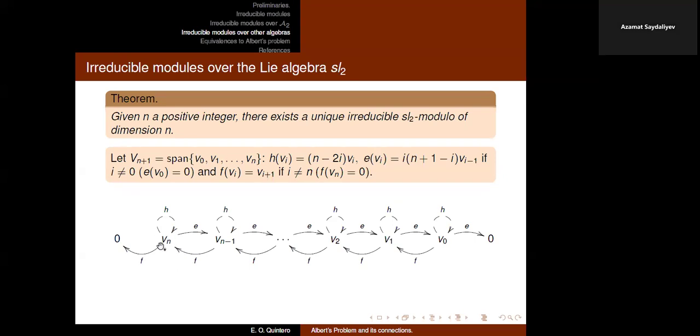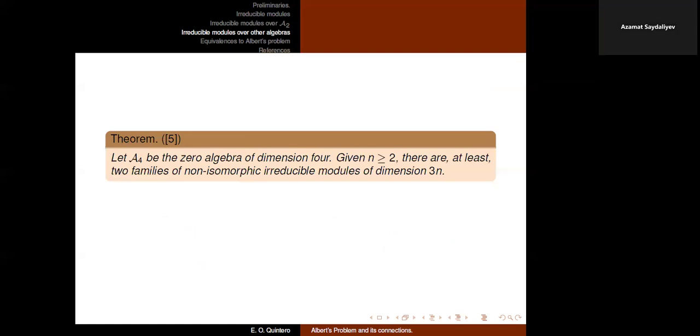If we change each vertex by the irreducible module of dimension 3 of the zero algebra of dimension 2, we need just in a convenient way to give the action of the algebra of dimension 4. So in this case, it's possible to construct at least two families of non-isomorphic irreducible modules of dimension 3n for any n greater or equal than 2.